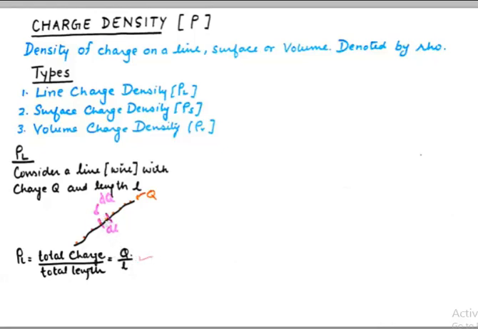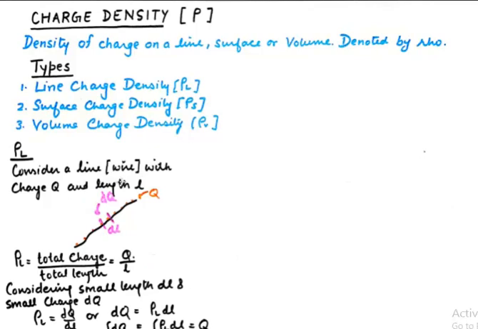However, if we take a small length dl and if we take dq to be the charge on that small length, rho L changes to dq by dl. The value of dq turns out to be rho L dl, and if we integrate dq, adding up all the dq's on the line will give me the total charge.